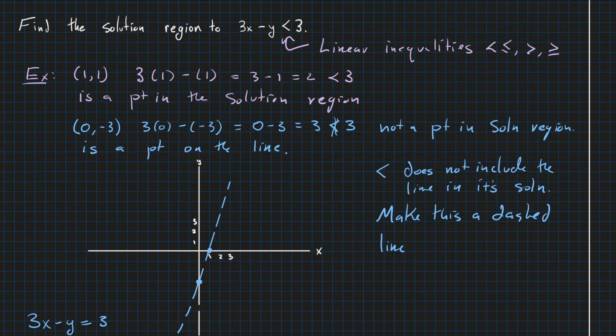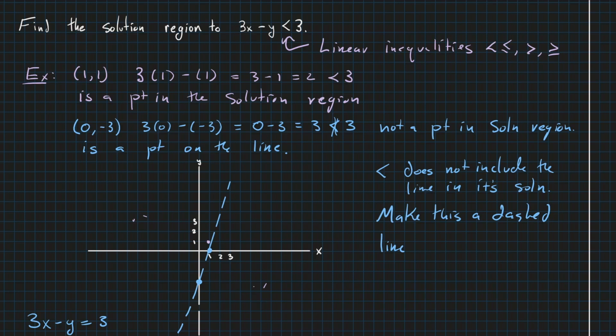Next, we need to figure out which side is the solution. Fortunately, we've already done some work with that. I already plugged in the point 1, 1. So 1, 1 is right there. It's just barely off the line, but it's off the line. This is a point in the solution region. Now the solution region is either going to be this area or this area, essentially the left side or the right side.